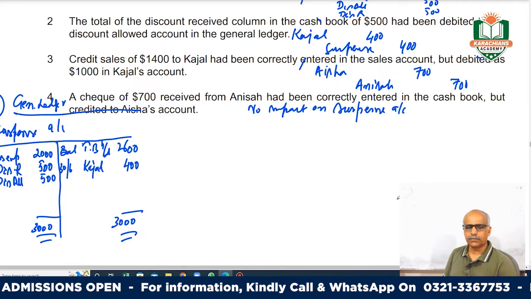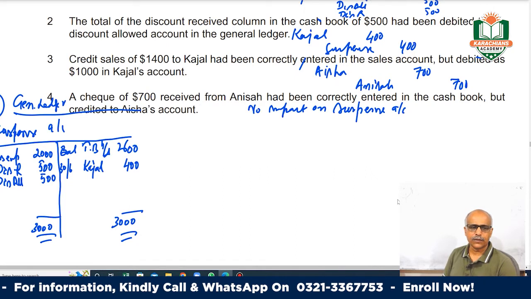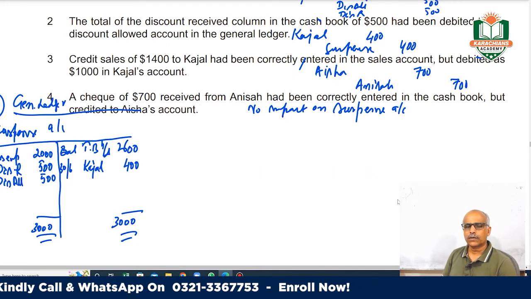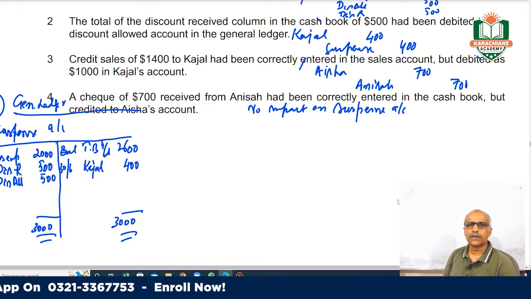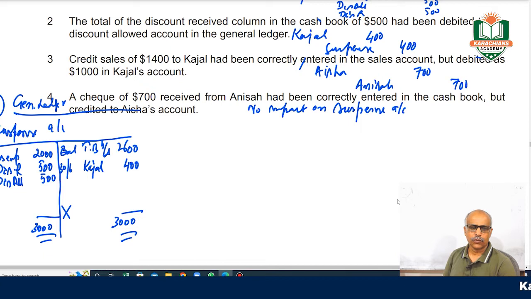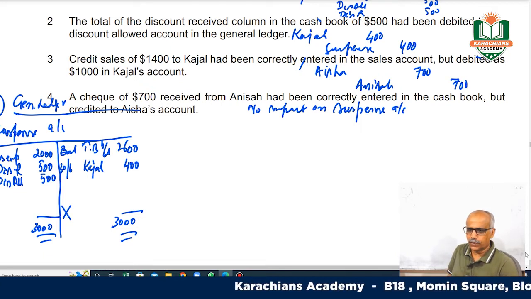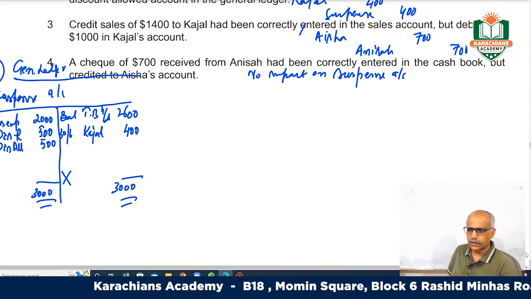So debit and credit are equal, which means the 2600 balance of the suspense account in the trial balance is now resolved and there is no balance. So we have done with the first part.